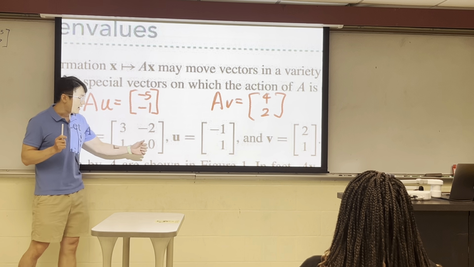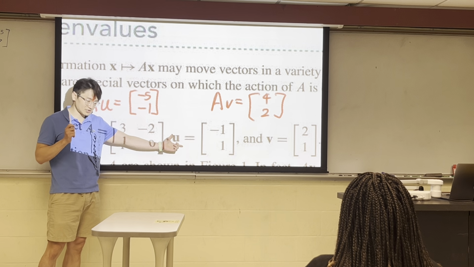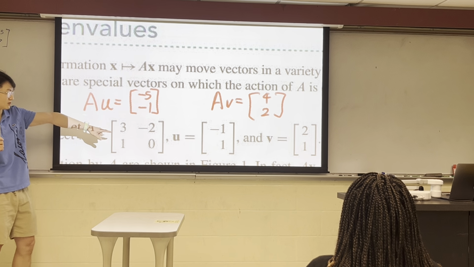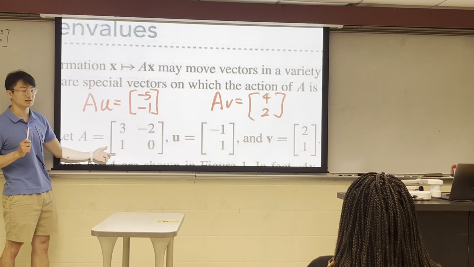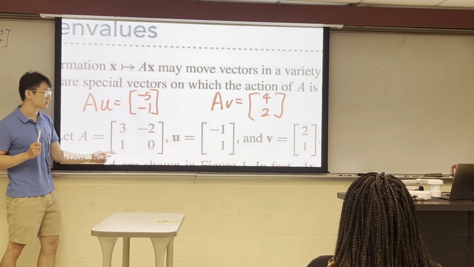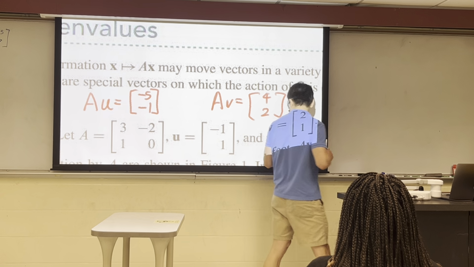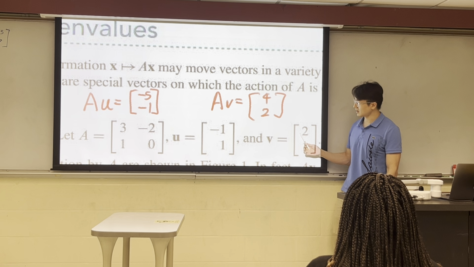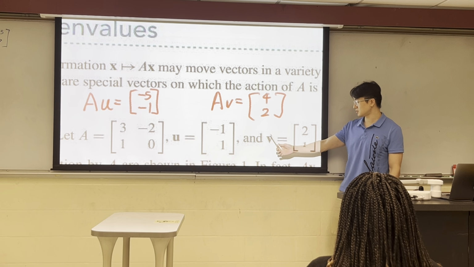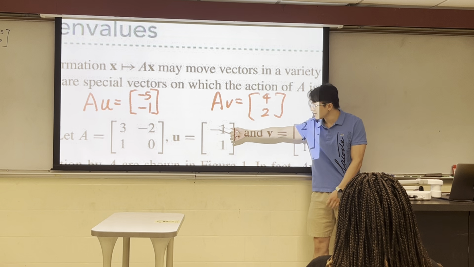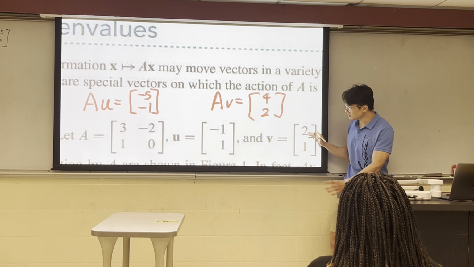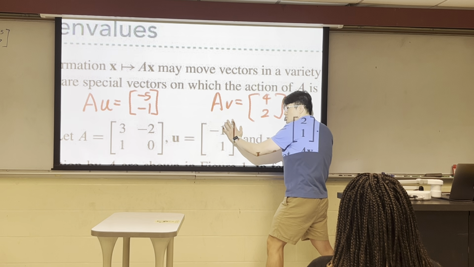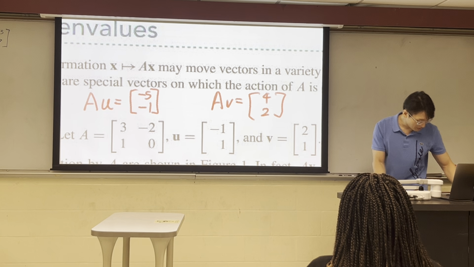So this is my starting point, the starting vector U, and I transform that vector U using matrix A, and this is the result. Again, I give you some random vector V, multiply V by A, and this is the result. Essentially, I start with two arrows, and I transform them.